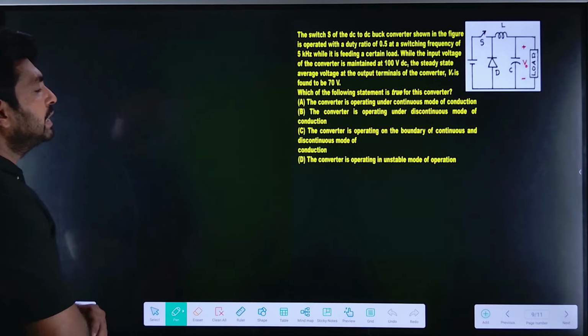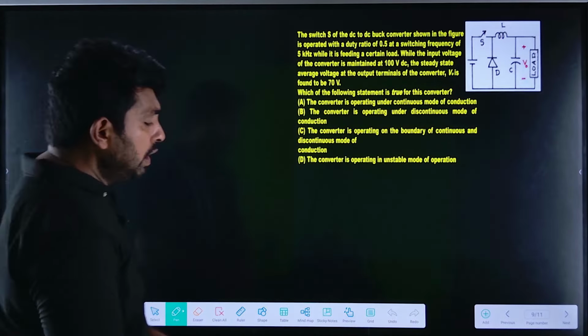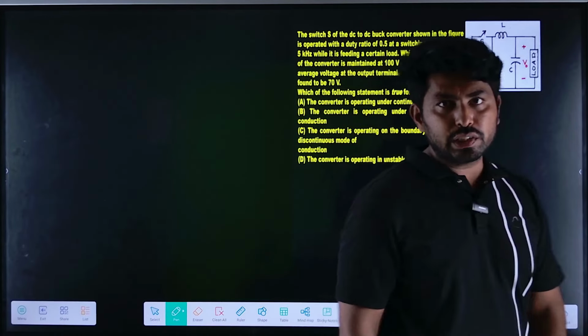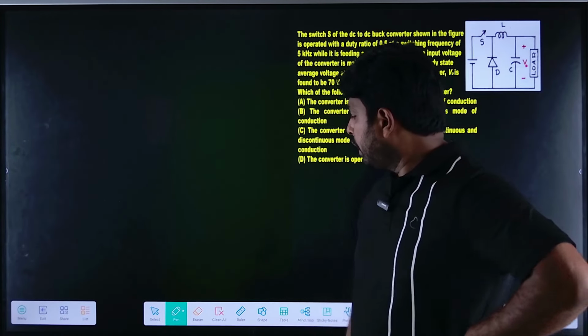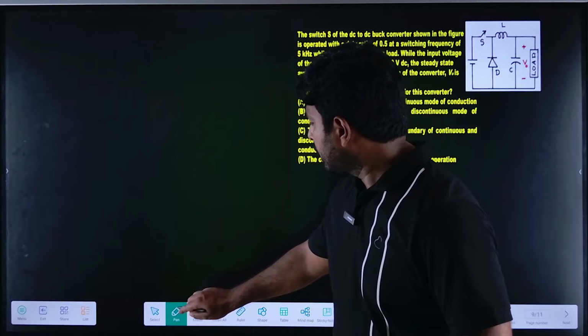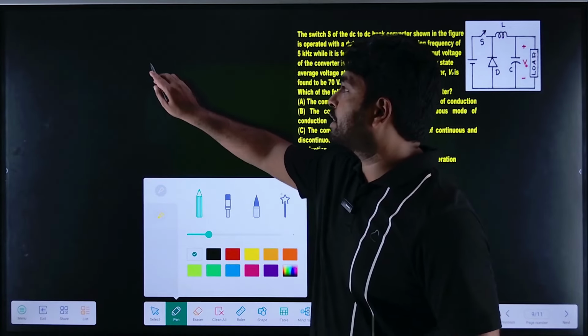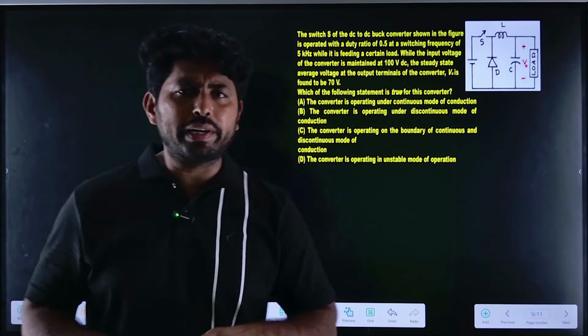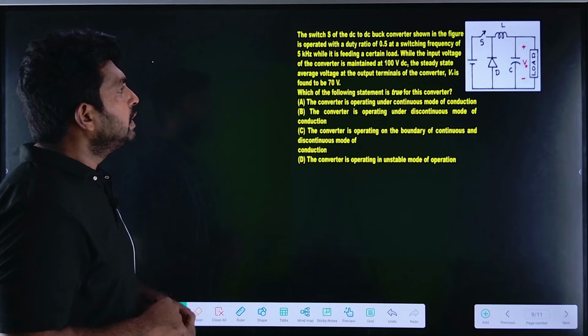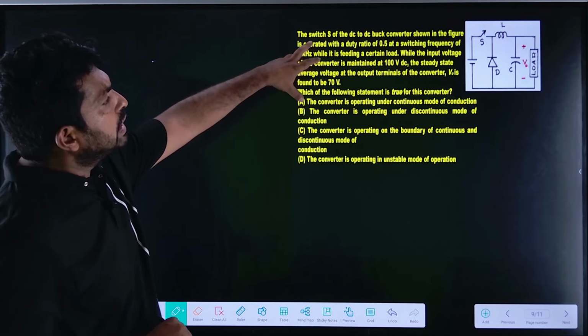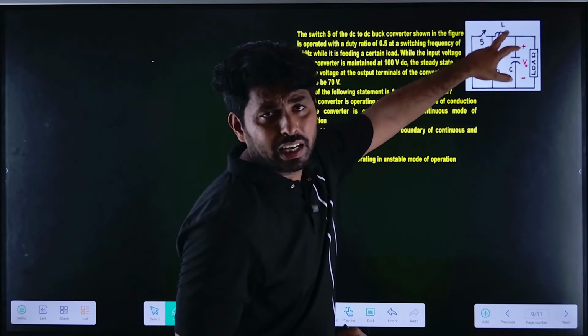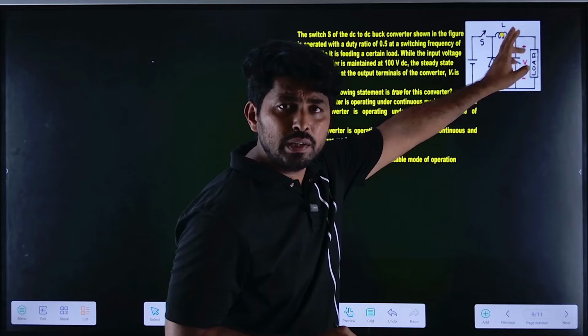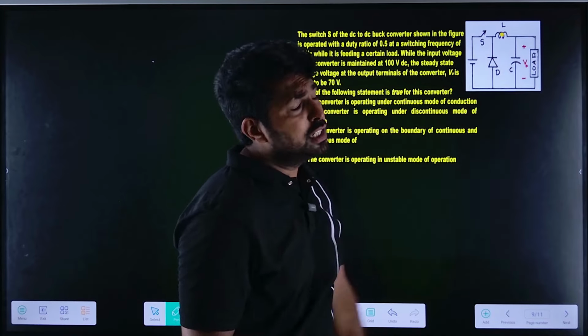Now let us see this typical question. We haven't discussed the discontinuous conduction mode, but let me explain what it is. It was given as a buck converter because the inductor is placed on the load side.